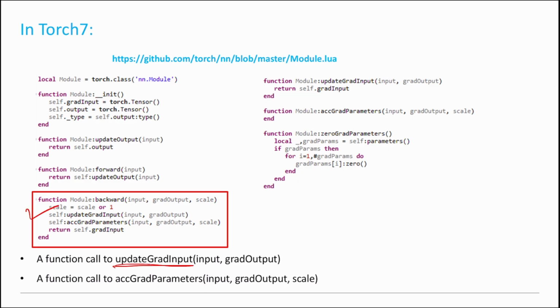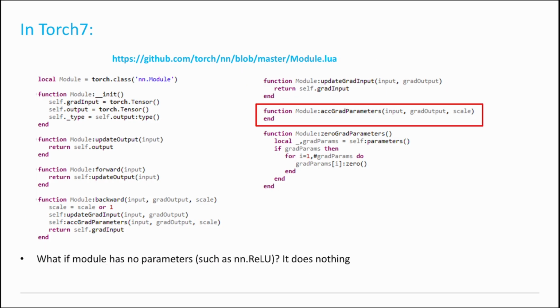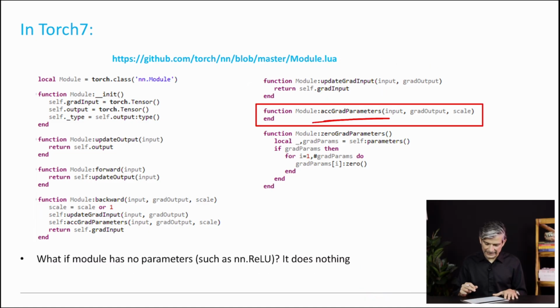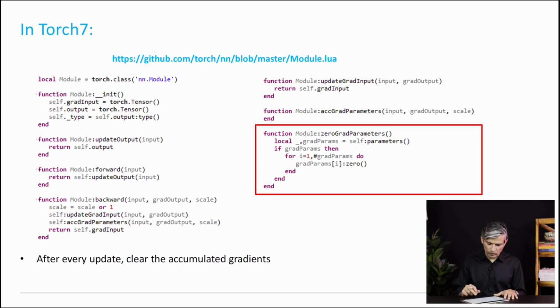So this computes this function, and then the update grad parameters, right? So grad input is this one and grad parameters is this one. And this is all that there is, right? And every module of course also clears the accumulated gradients, because every time you do a backprop you have to clear your accumulated gradients.